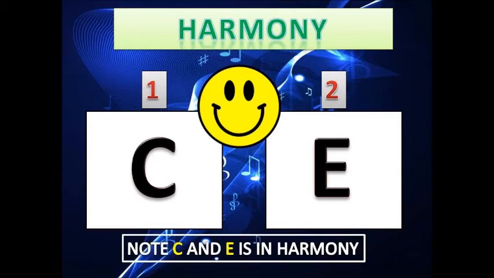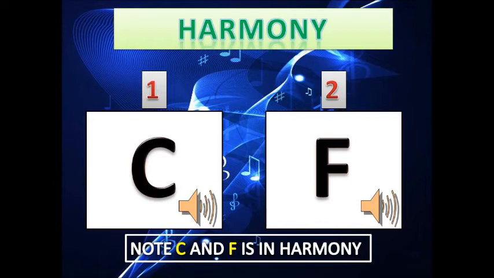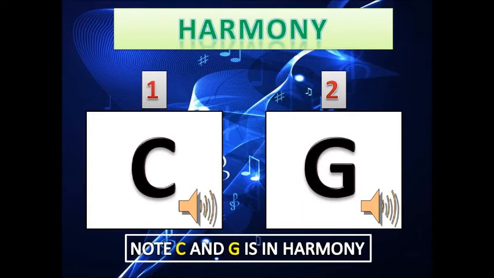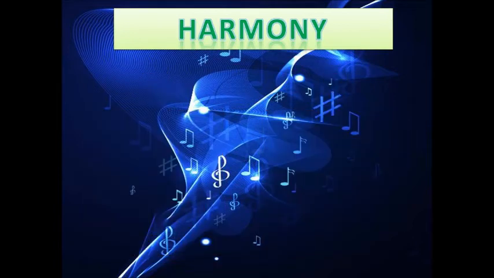What about C and F? They are also in harmony. And C and G also. Let's hear it. C will also harmonize with A but not with B. Now, in the C scale, C is not harmonizing with D and B.